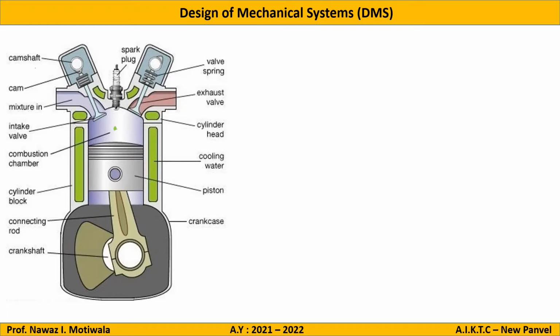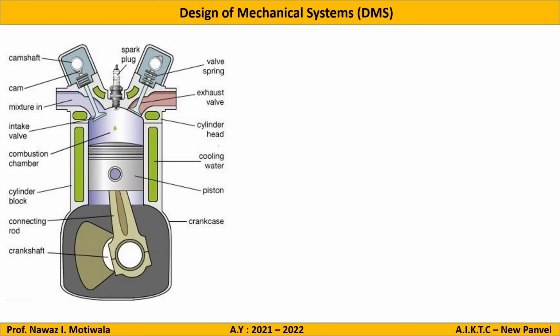So again, it's a self-readable diagram. This is a camshaft, cam, mixture in, that means the flow of petrol or gasoline and air comes in from here. It goes into the combustion chamber. The process goes on, and then again it leaves the system through this exhaust valve which is shown on the right hand side.